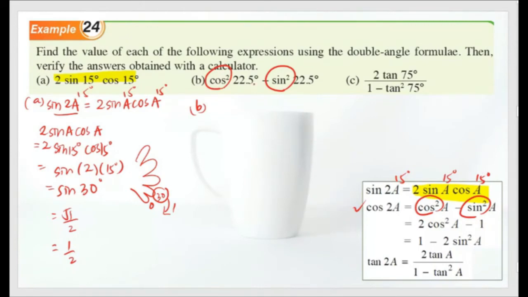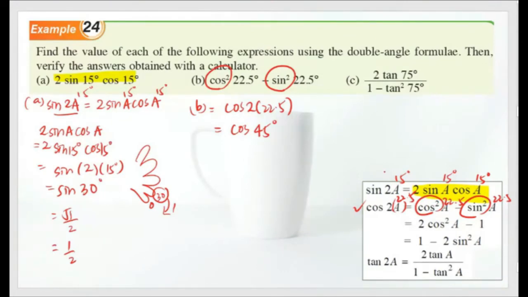Now here, A is 22.5, so it is cos of 2 multiplied with 22.5, which is equal to cos 45 degree.